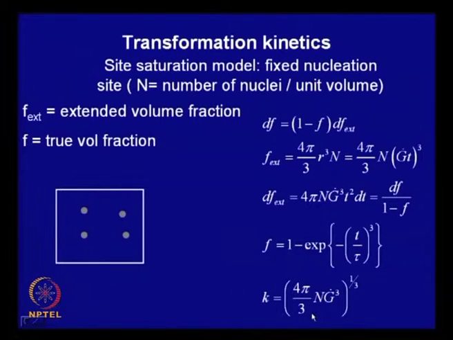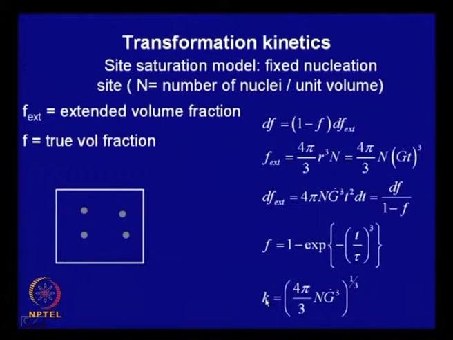And what do you get? Look at that expression. See, this is a constant. You can find out this constant is equal to, rather I think this should be 1 to the power n.